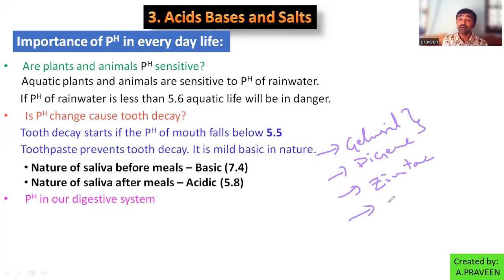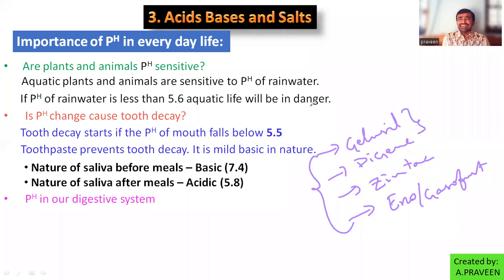Or juices, Eno or Gasofast, which Brahmanandam gives in the ad. They are antacids only. Simply they are basic solutions, right? So these are antacid substances that we can use to help digestion.